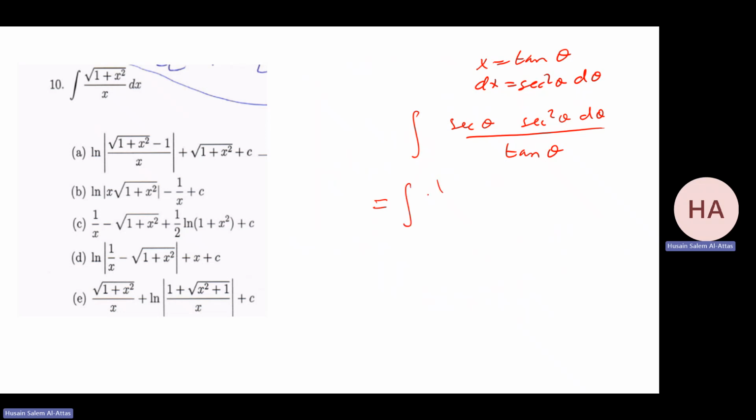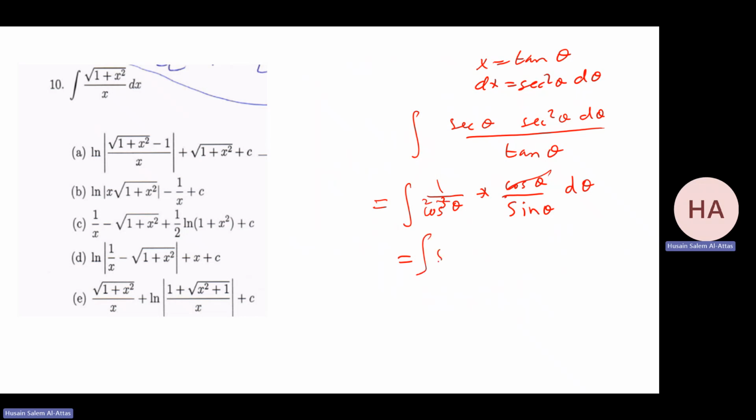So I have 1 over cosine cubed times cosine over sine d theta. That gives me what? This is cancelled. I have cosine squared remaining.